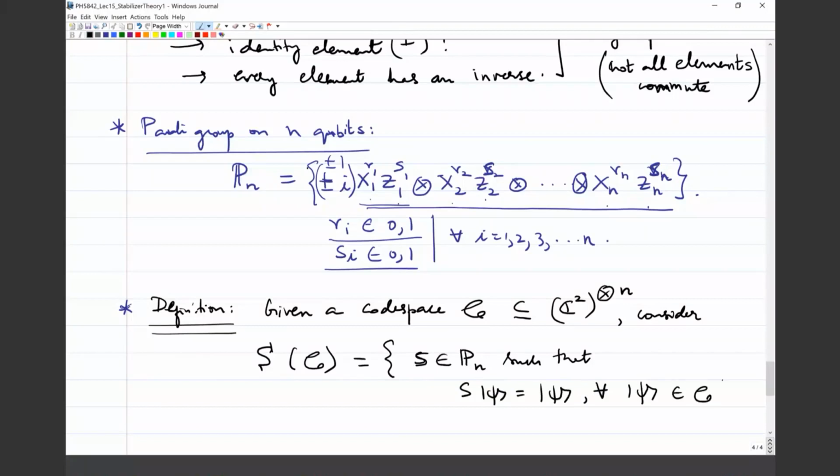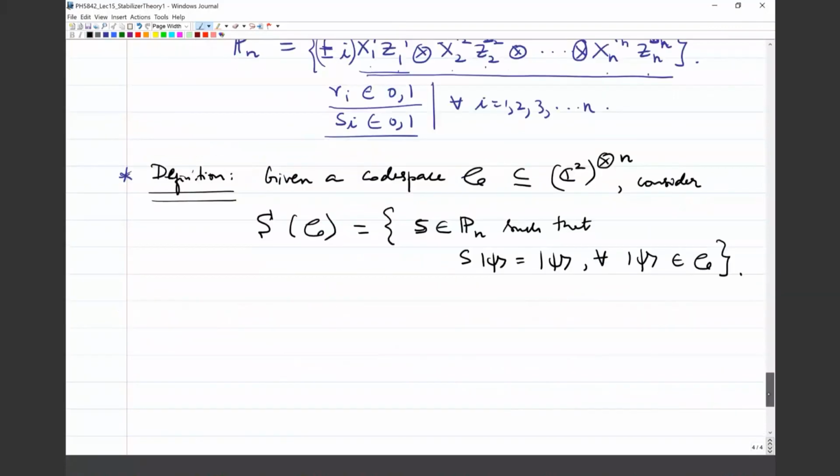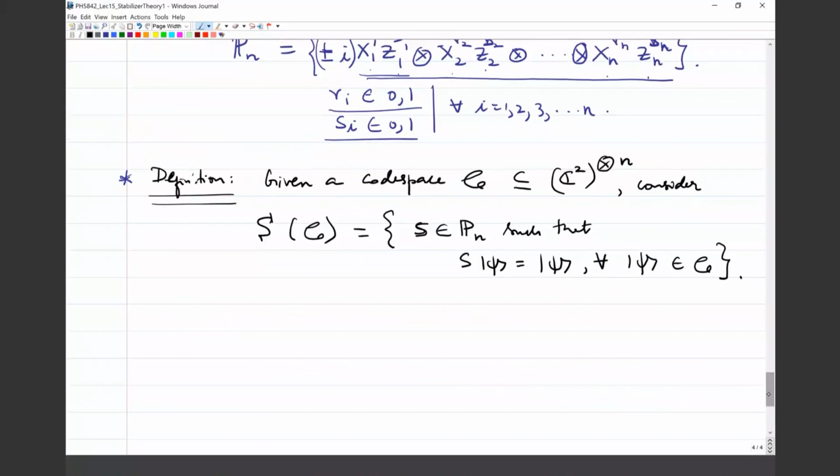S is called the stabilizer or the stabilizer group associated with the code C. Okay, maybe I still have to show that it's a group, but that'll become clear very soon.